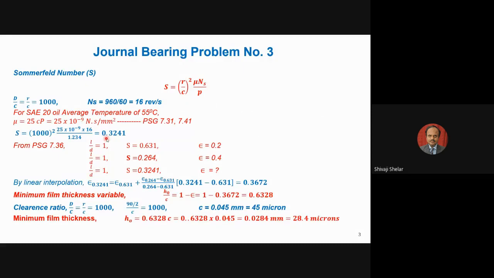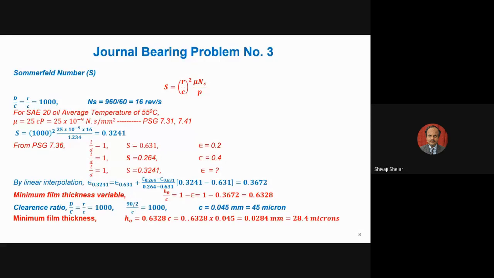Now we need to calculate the eccentricity ratio for the given calculated value of Sommerfeld number. What is the calculated value? That is 0.3241. So for Sommerfeld number 0.3241, what is the eccentricity ratio? How will we calculate it? We are using linear interpolation here, with this formula.